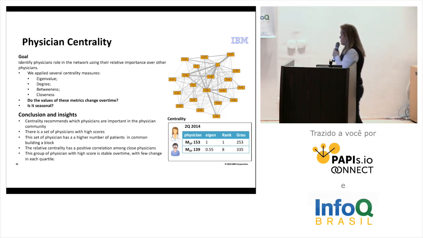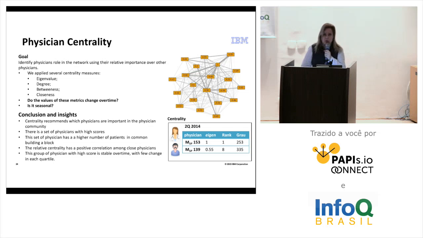This is also important to understand the relation of the doctor with other physicians, because a guy with high centrality is very important to the network. We have cases where the health insurance company wants to build a network with fewer physicians. So how do they choose the physicians to build a small network that will still attend the patients? This is very important.